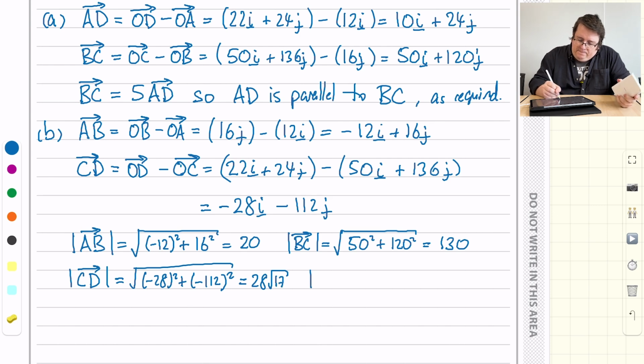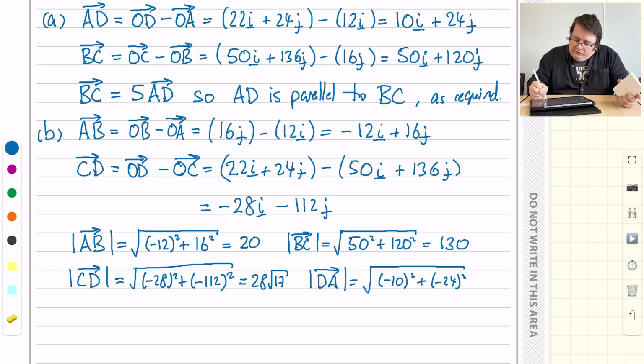And then finally, from D back to A. We found AD, so DA will be minus 10i take away 24j. So minus 10 squared plus minus 24 squared. It doesn't really matter if you've got the minus signs there. The length of the vector will be the same regardless. So that's root 676, which is 26.